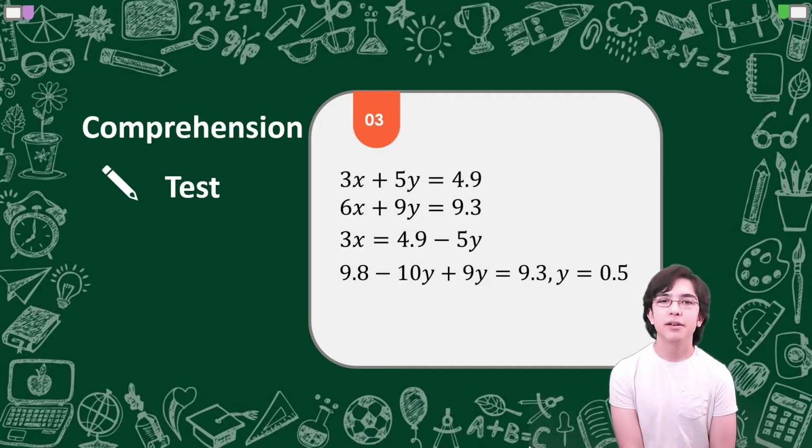And then 9.8 minus 10y plus 9y equals 9.3. So therefore y equals 0.5.